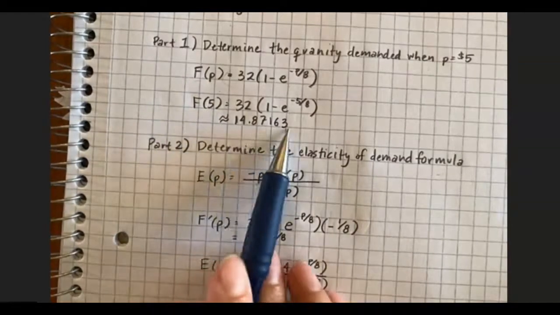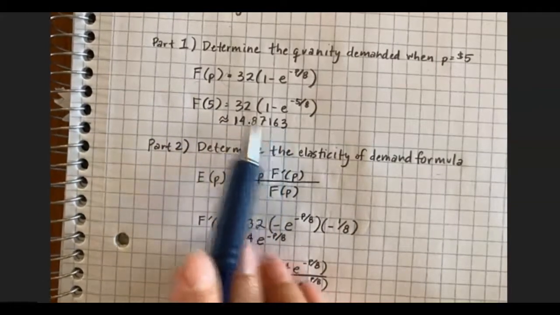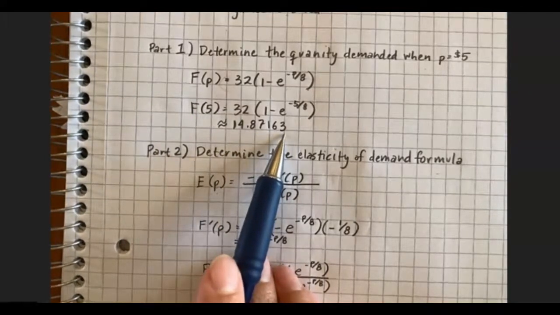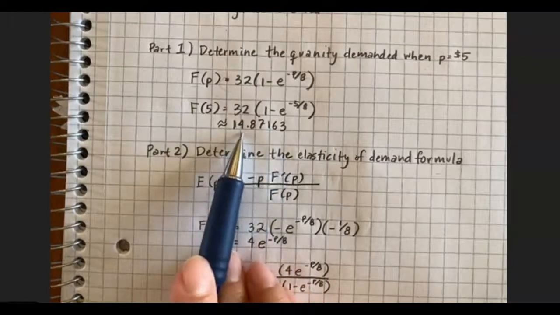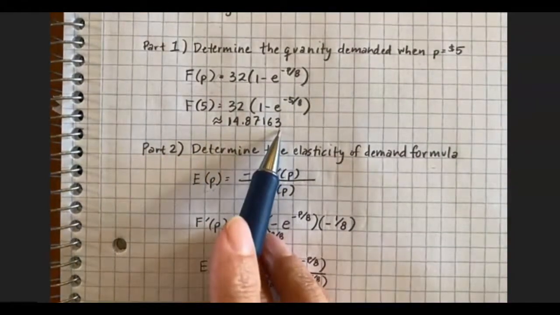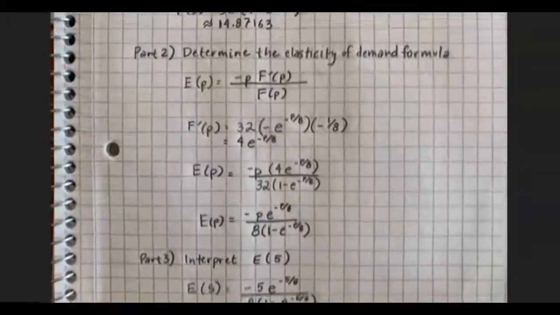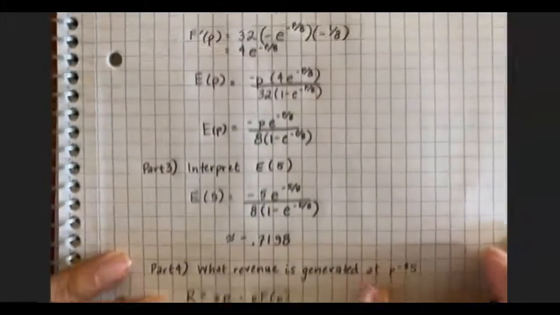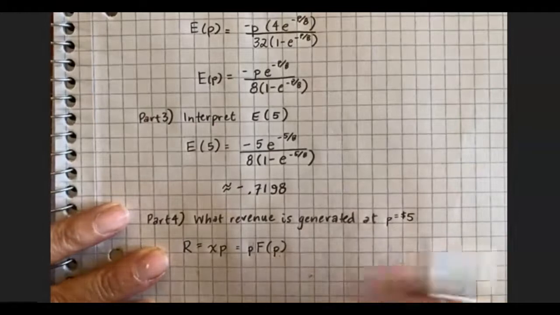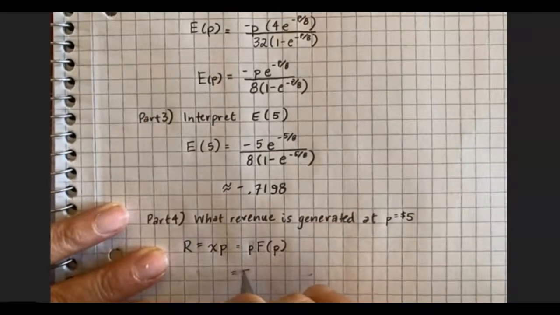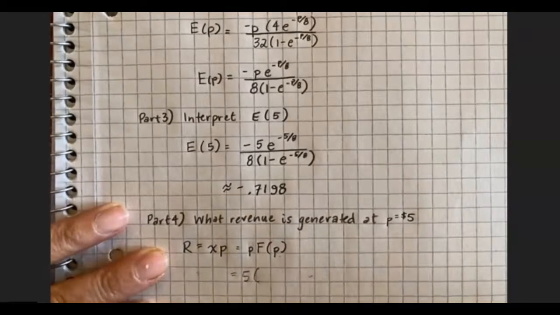So this 14.87 that we rounded off in part 1 to 15 video games, we need it out to a bunch of places, not rounded off, because they want us to give our revenue in cents. So our f of 5 is that 14.87, and P is 5.